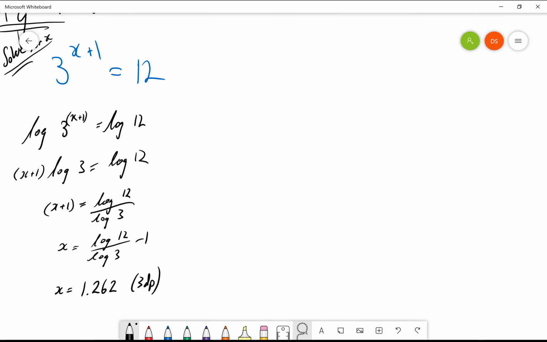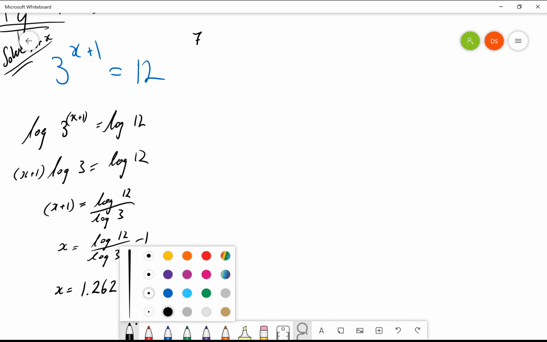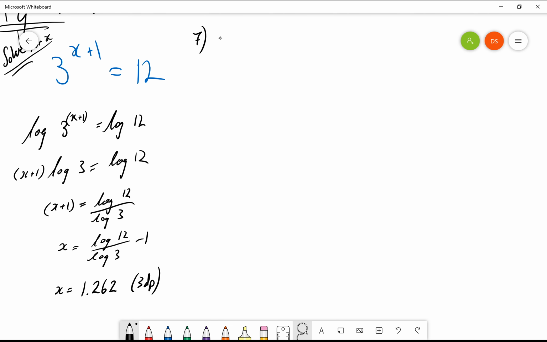I don't know, I feel that that was not that much of a step. I'm going to put up a few more questions for you, and I'm going to see how you go. I'm going to call this question 7, and this is going to be 4 to the x plus 3 equals 17. Question 8 is 3 to the 2x plus 1 is equal to 7.